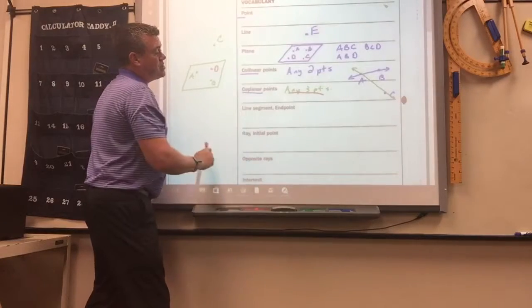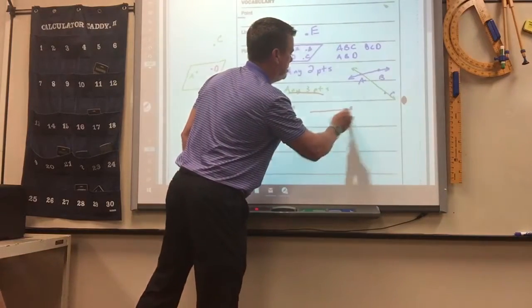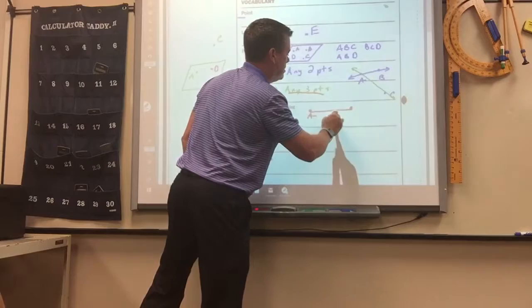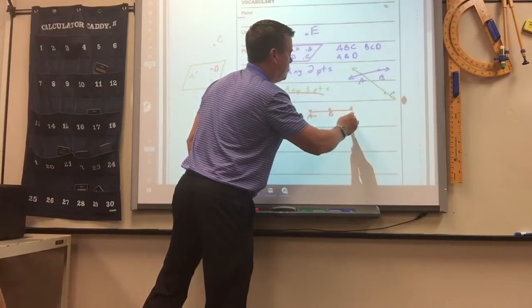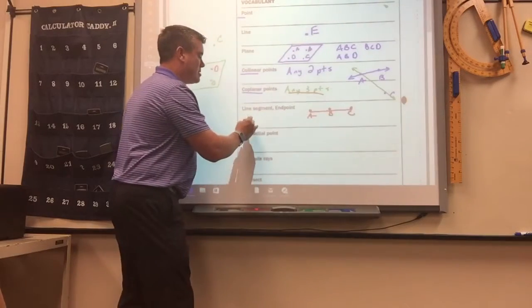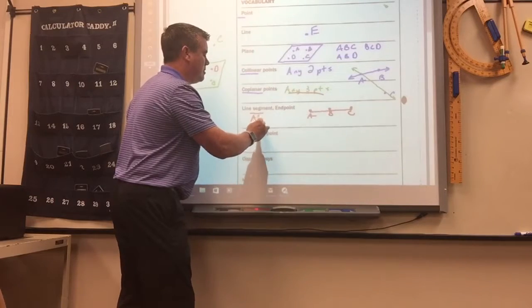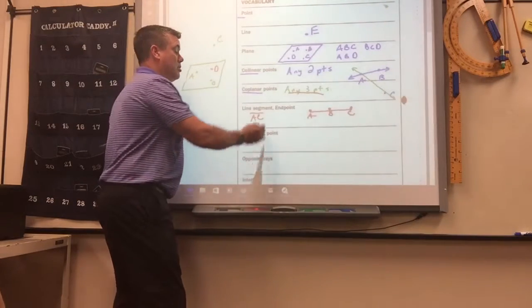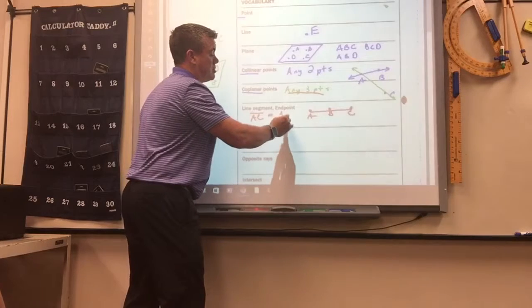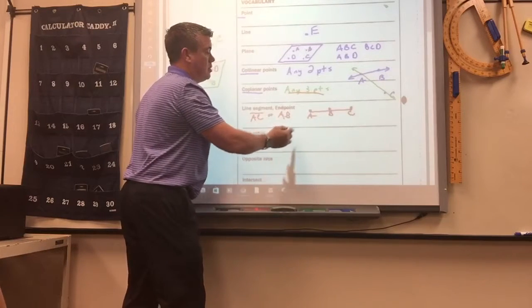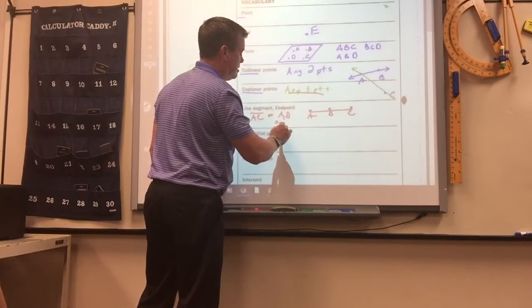So here we got line segment. Segment AC means you start at A and end at C. Or in this picture, there's another segment AB, or there's BC.